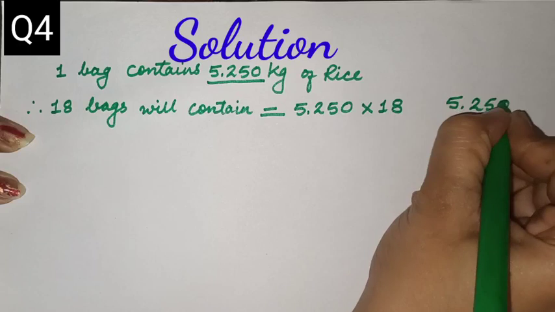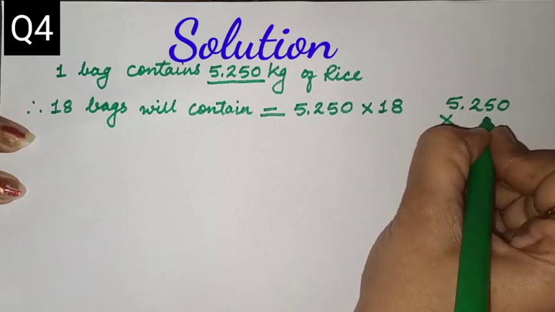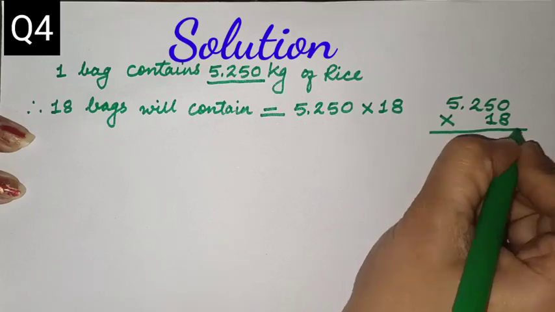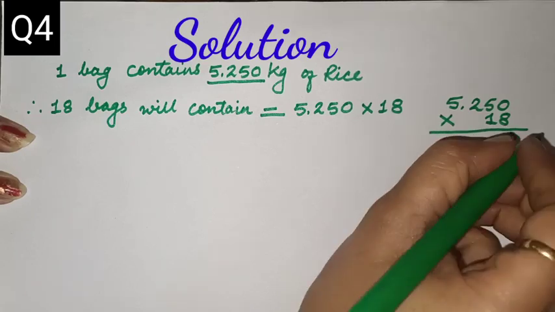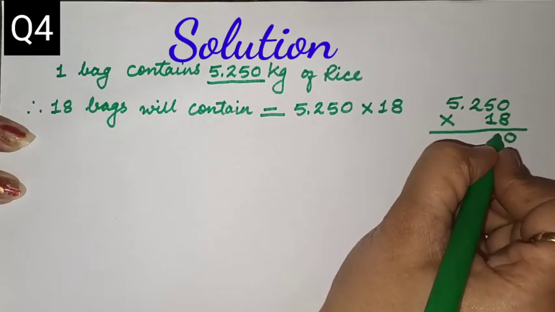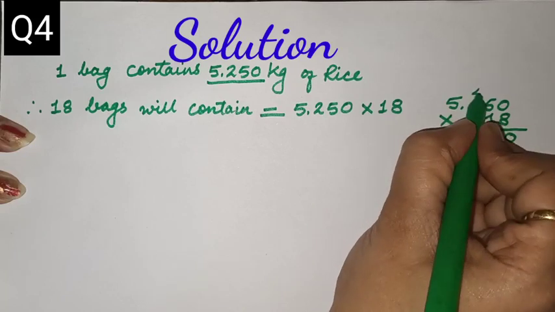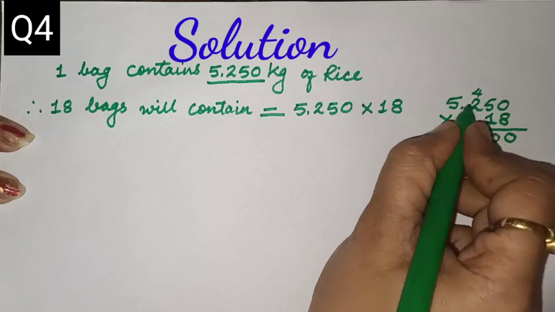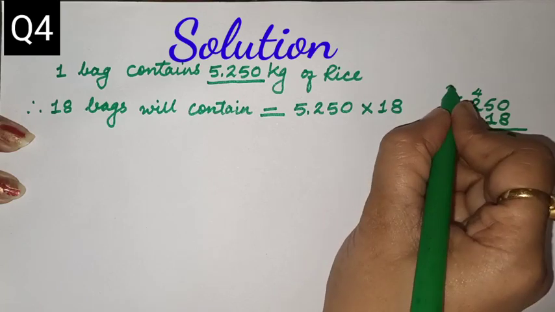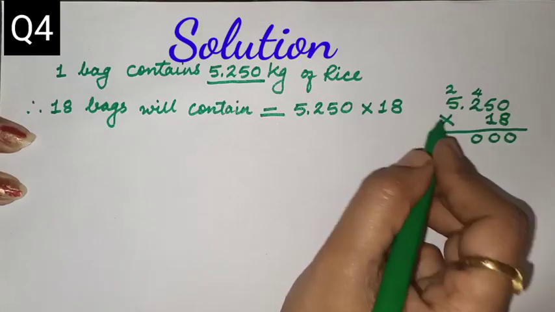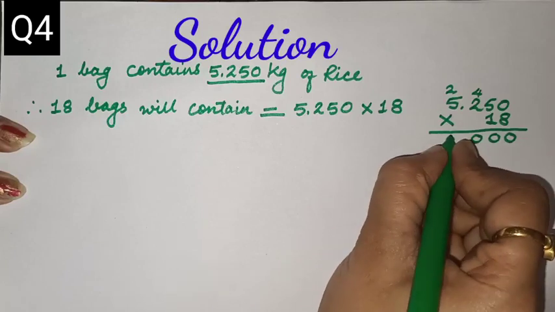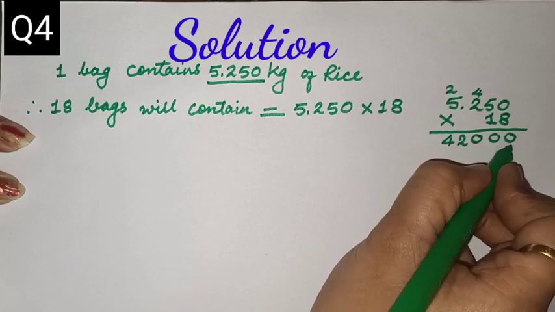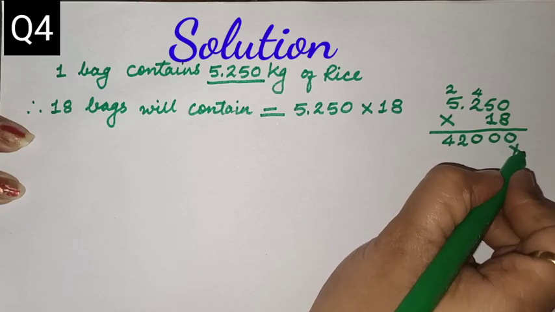5.250 multiplication, multiply with 18. 8 zeros are 0, 8 fives are 40, 8 twos are 16, 16 plus 4, 20, 8 fives are 40 plus 2, 42, right? So here we'll have 0.